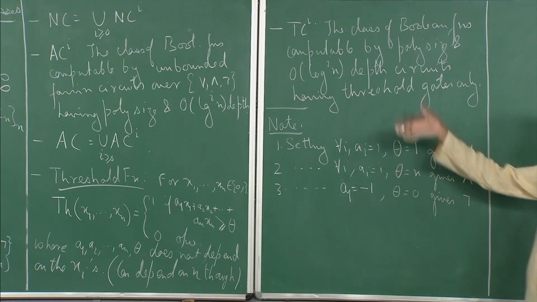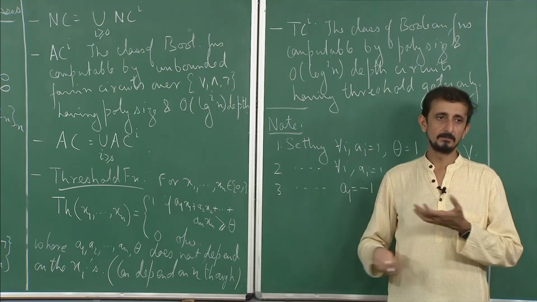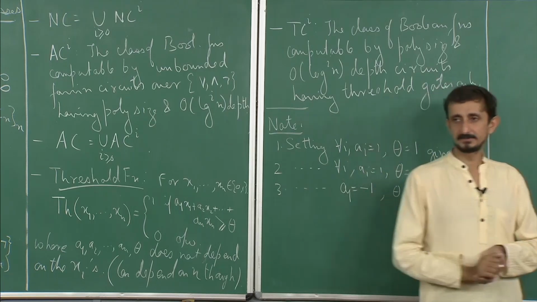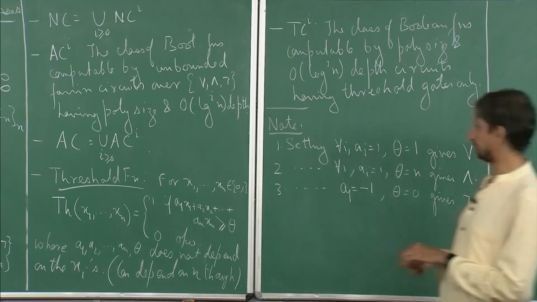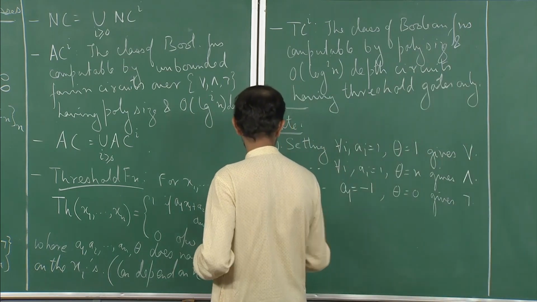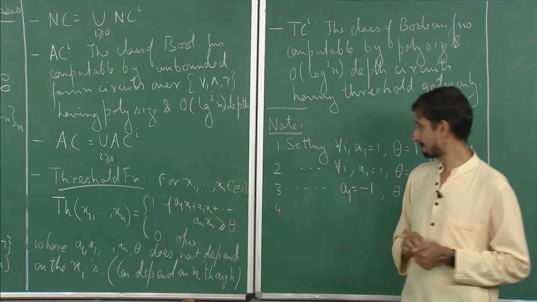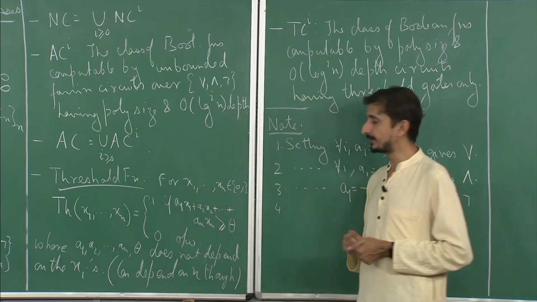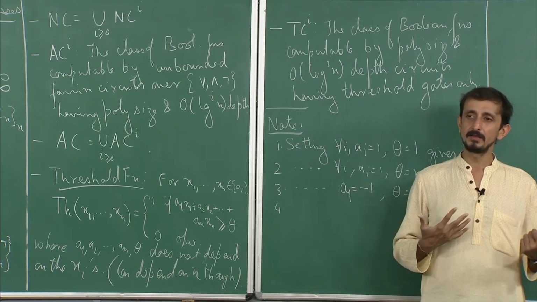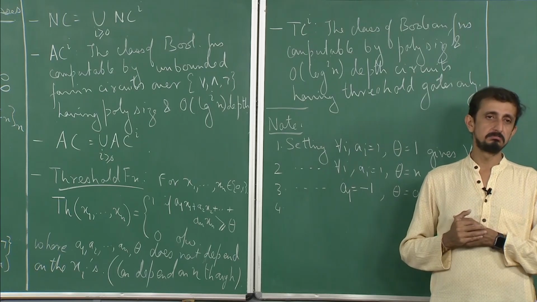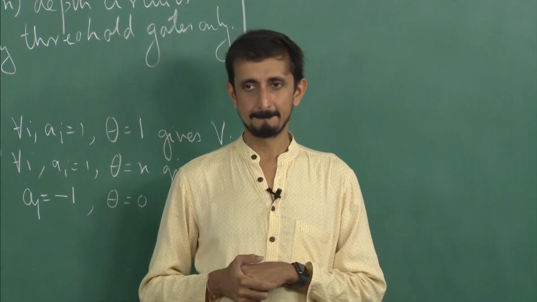So essentially the point is that you can build any of these basic gates using threshold gates and probably more. Okay. So now, we can try another one. What about the majority function? The majority function outputs 1 if at least n by 2 inputs are 1.